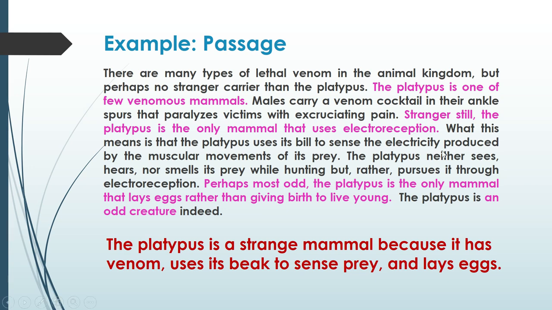See, the platypus neither sees nor hears nor smells its prey while hunting, but rather pursues it through electroreception. Repetition of the same idea. No need to take into account. So so far, these two sentences are of our concern for summary writing.